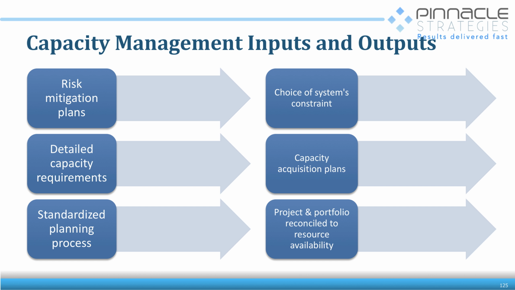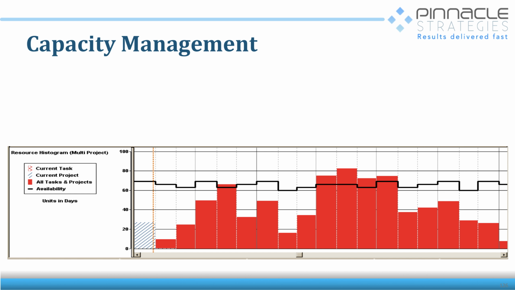Without being distorted by having each task have its own level of safety, right? So we can take that mitigation plan and the capacity requirements and our standardized planning process, and we can choose where the constraint is, and we can make plans on acquiring capacity. We can take our entire portfolio and reconcile it to the resources that we have available.